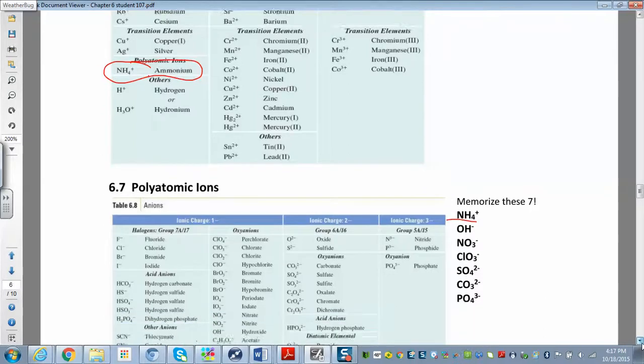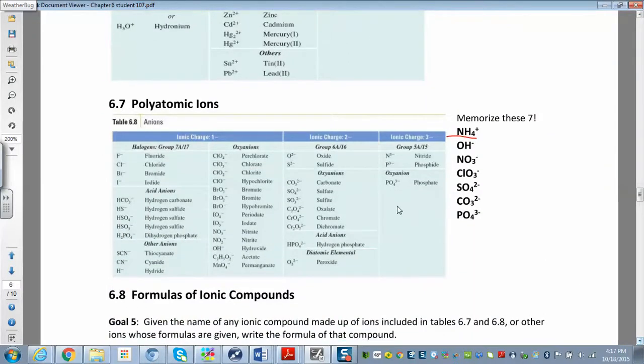So this is the ammonium ion. OH minus is hydroxide. We need to know the name, the formula, and the charge. So that's hydroxide. Nitrate is NO3 minus, and chlorate is ClO3 with a minus charge. I usually group them together by charge. Those all have -1.